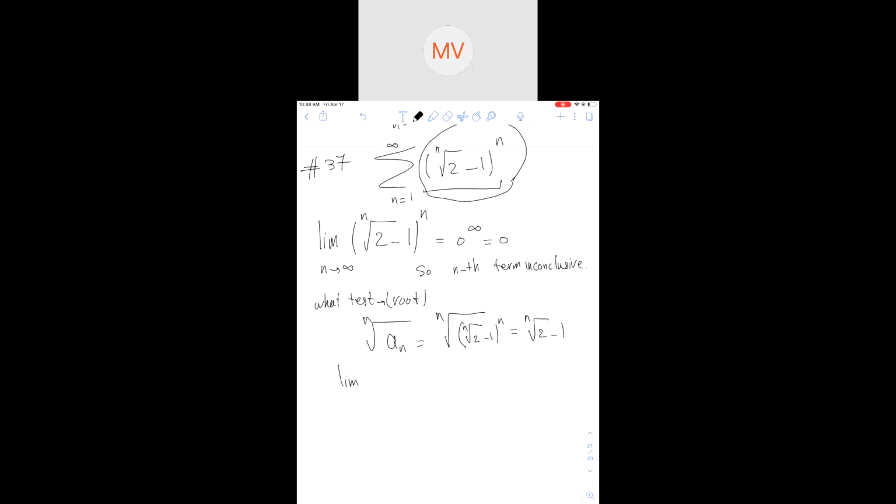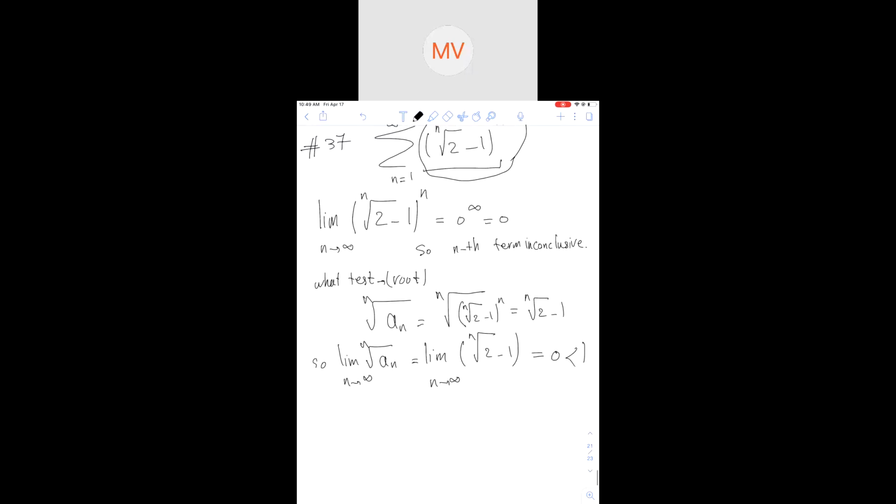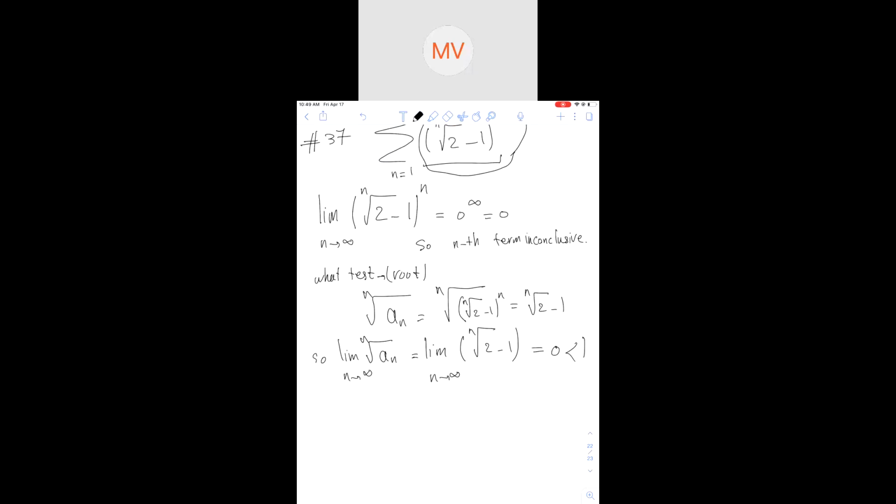Now we take the limit of this. So the limit of nth root of a_n is simply the limit of nth root of 2 minus 1 as n approaches infinity. Now we know what that limit is. What's that limit? That's 0. It's less than 1. So by the root test, it converges.